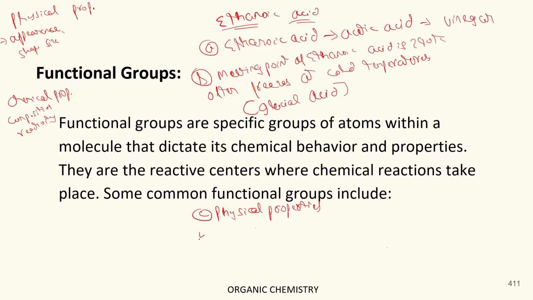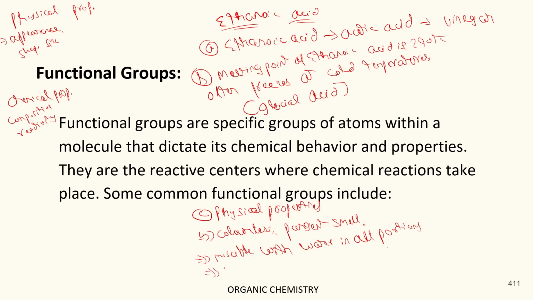About the physical properties of ethanoic acid: it is colorless with a pungent smell, it is miscible with water in all proportions, and it turns litmus paper red.